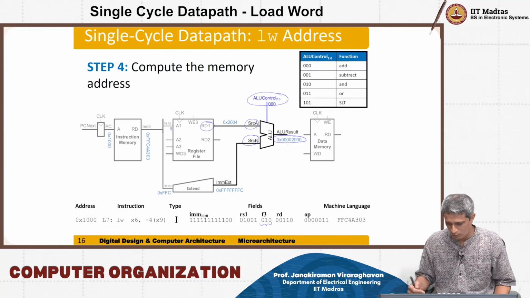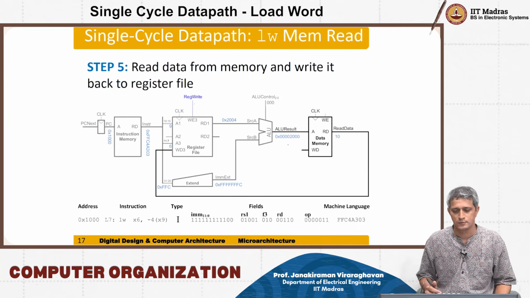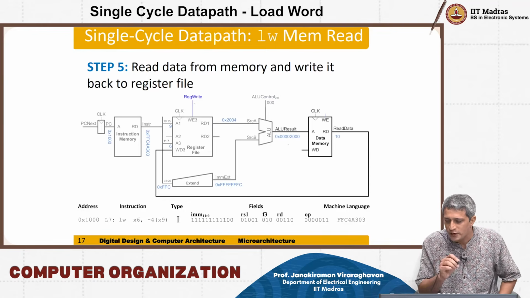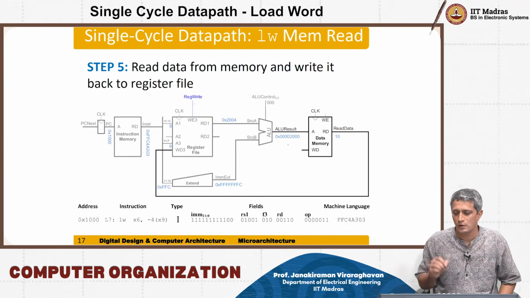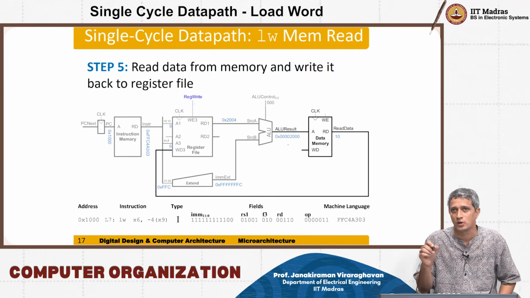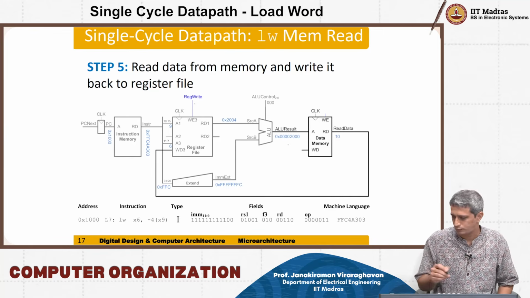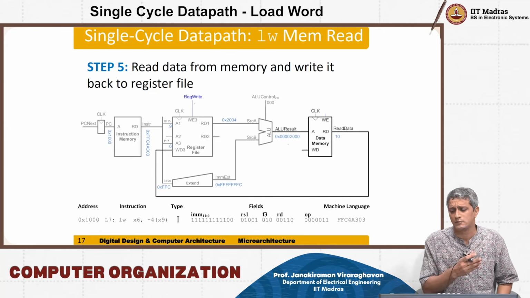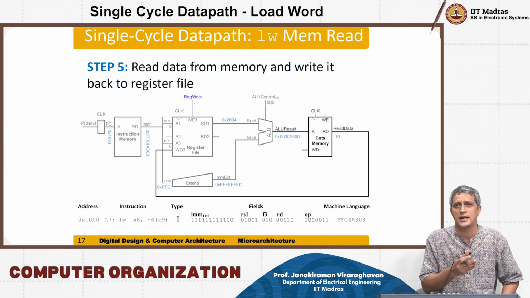So you take that ALU result, which is the address, and feed it to the read port, the address port of the data memory. And after some delay you will get the data out.